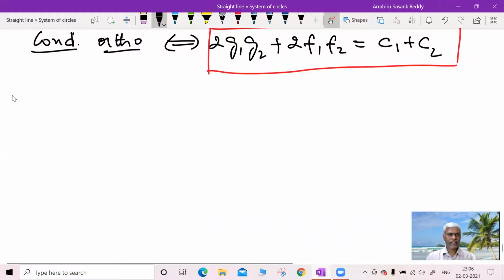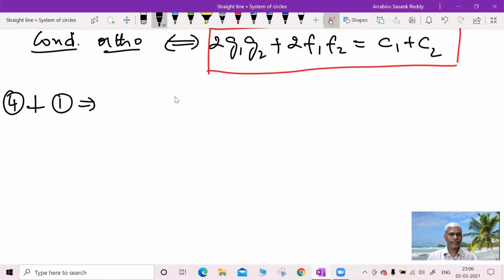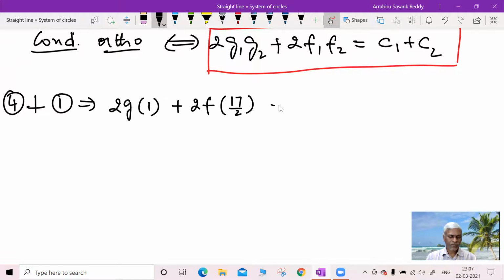So first, let us take the fourth equation is orthogonal to first equation. So substituting G1 value as G and G2 value in first equation, G value is 1, and 2F, and take the F2 value from first equation as 17/2, and C1 value C, C2 value 4.